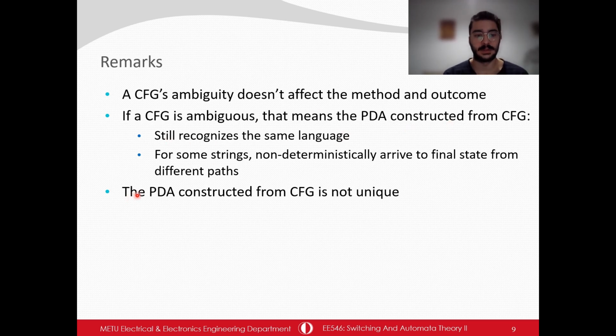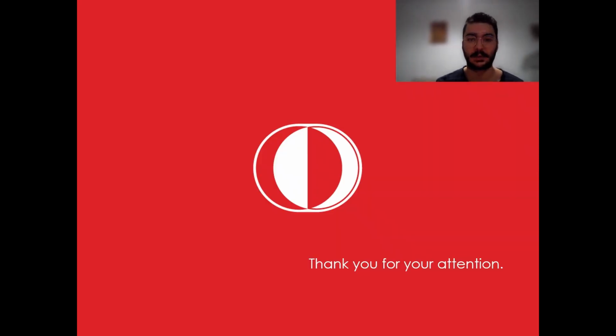And the PDA constructed from the CFG is not unique to that grammar. You can construct different PDAs that recognize the same language as that grammar, and for the CFG you can also implement rightmost derivations as well, but this is just one way of doing this procedure. Thank you for your attention.